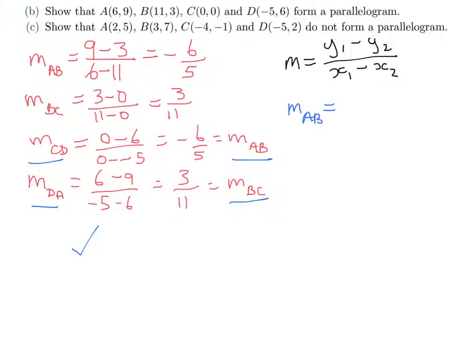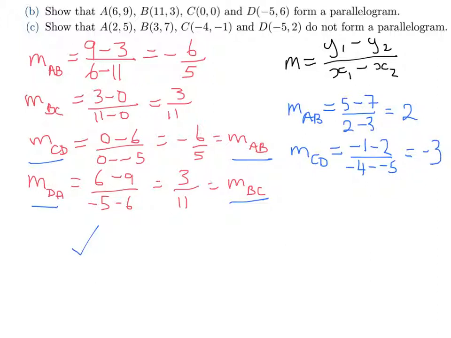is going to be 5 minus 7 over 2 minus 3, which is just positive 2. The opposite side is CD, so that's going to be minus 1 minus 2 over minus 4 minus minus 5, which is going to be minus 3 over 1, so that's going to mean negative 3.